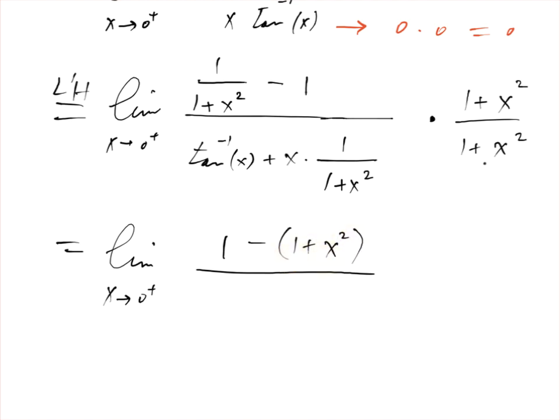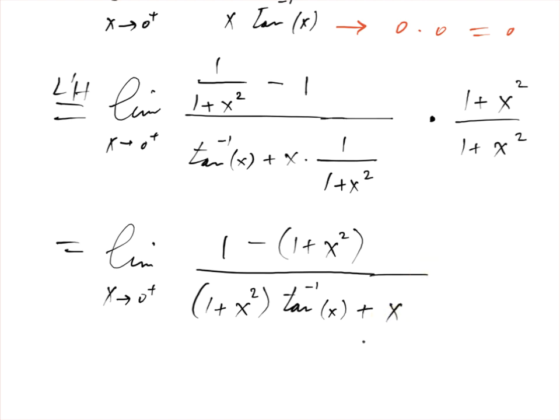In the denominator, this 1 plus x squared is multiplied by arctangent, so you get 1 plus x squared times the inverse tangent of x, plus x times 1 over 1 plus x squared, times 1 plus x squared. The 1 plus x squares cancel, you just get x here.